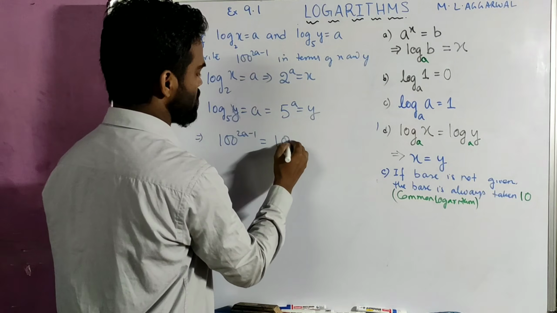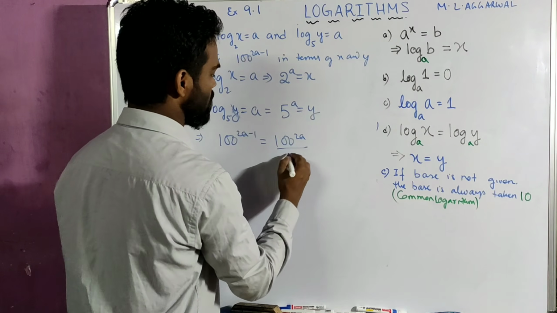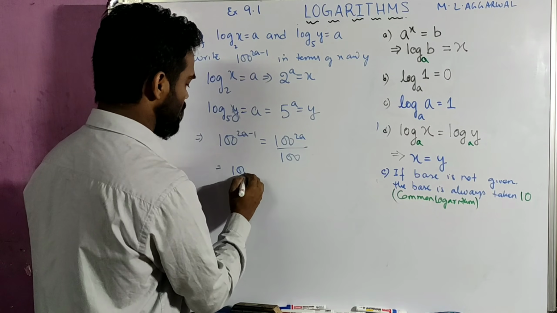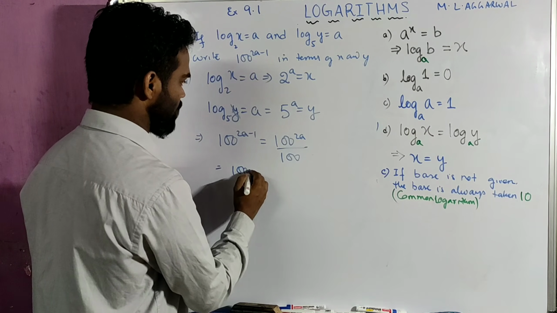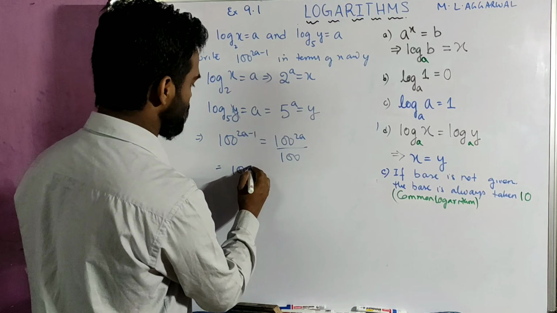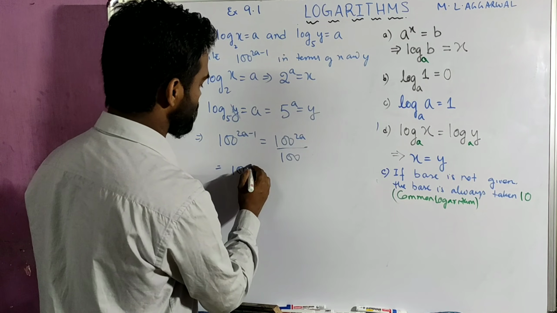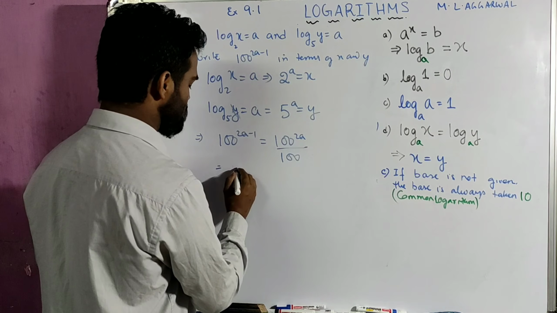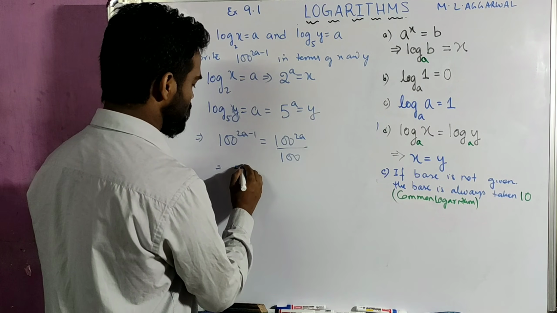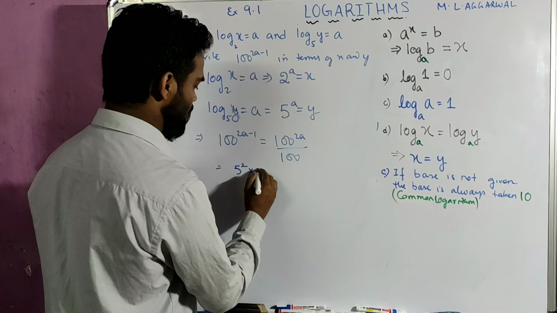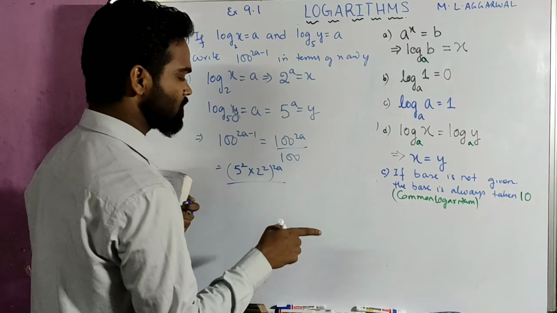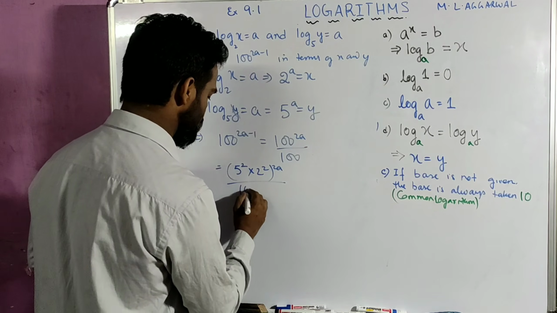Now they've asked for 100 to the power 2a minus 1. So this can be written as 100 to the power 2a by 100 in exponential form. So we can write this as 100 square. Now 100 we can write as 5 square multiplied by 2 square. Look carefully, 5 square is 25, 2 square is 4, 25 times 4 is 100.